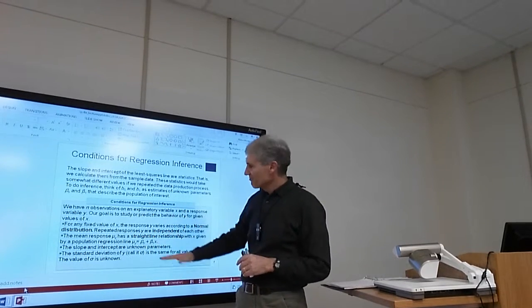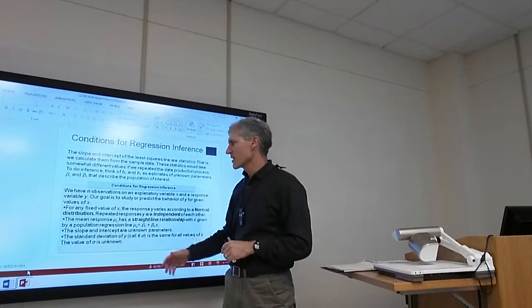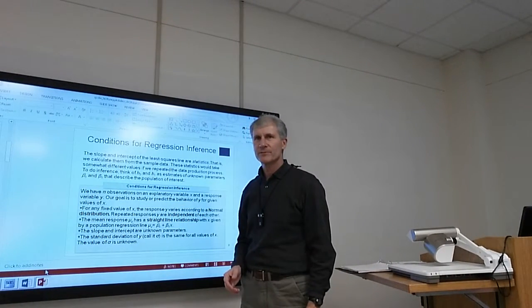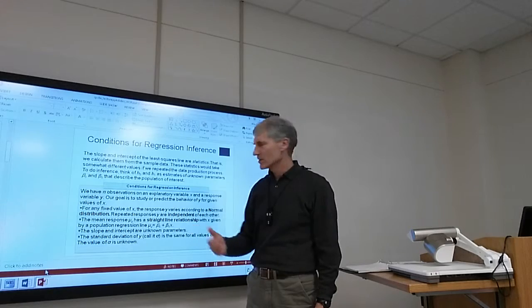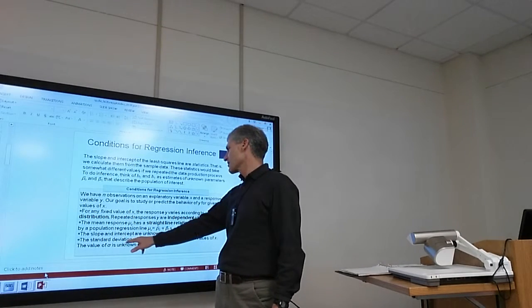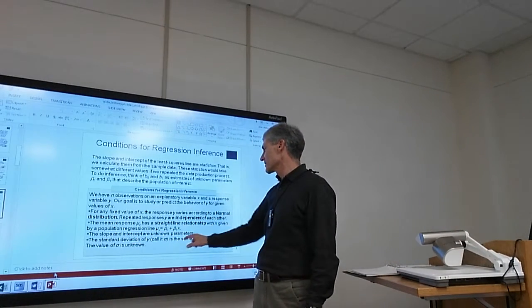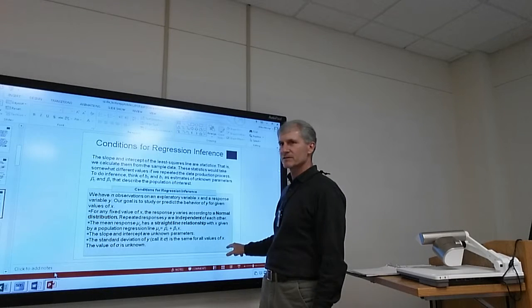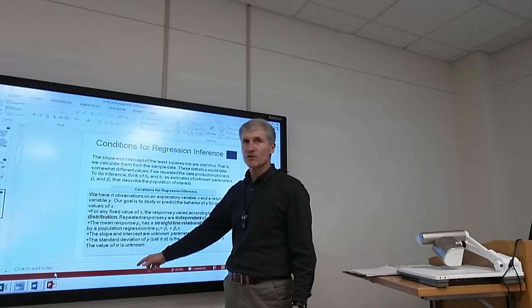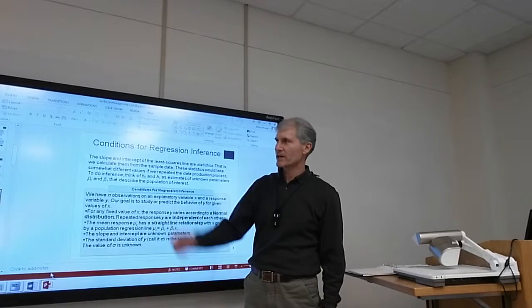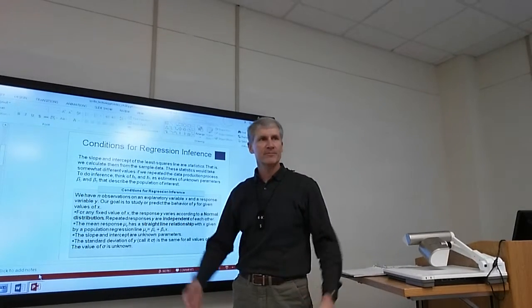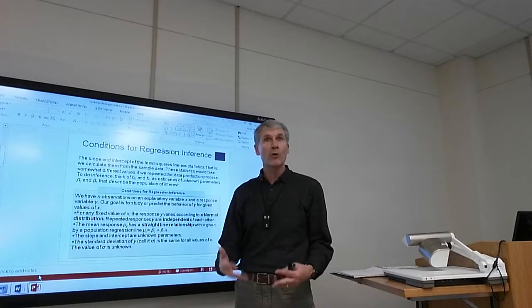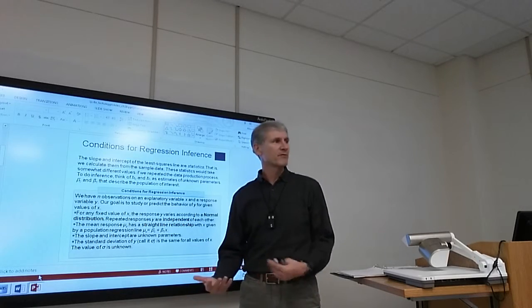Well, that's not a condition that has to be made. That's just always going to be true. They are unknown parameters in the whole population. Then the standard deviation of y, call it sigma, is the same for all values of x. The value of sigma is also unknown. It's a Greek letter. It's a parameter of the population. There's no way to know that value. You have to estimate it from your data.